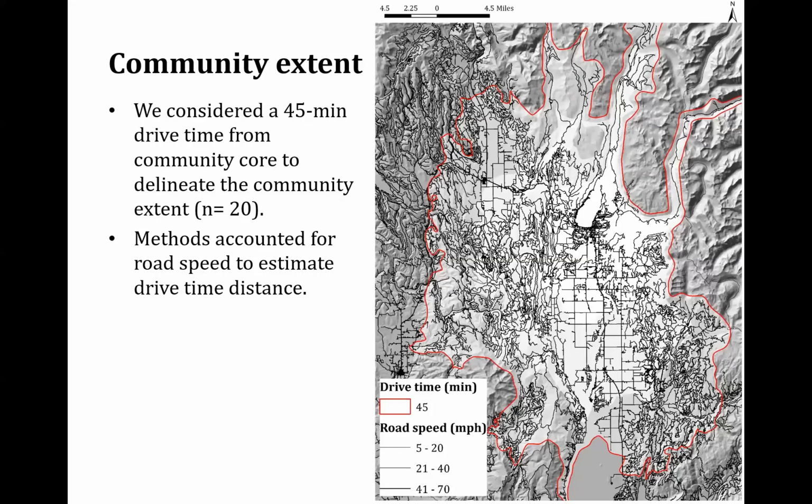And in this figure, I'm just showing you one example for McCall, where we have the road network and how far we can go in 45 minutes. The red polygon is the 45-minute drive time polygon for this community. And this was done for the 19 other communities in the study area to delineate the 20 community zones.